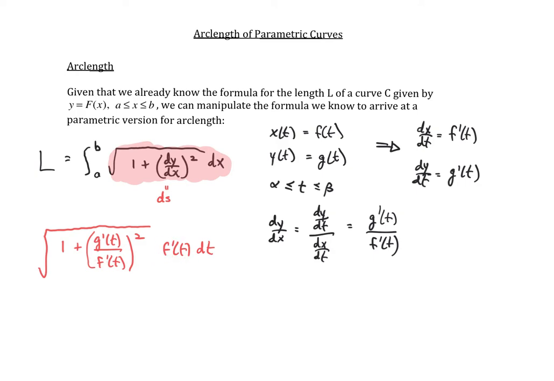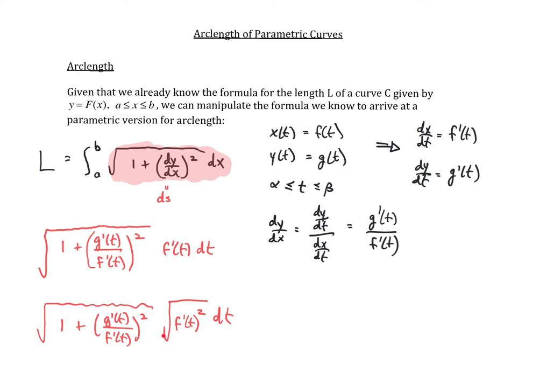So I'm going to have my square root of 1 plus g prime of t over f prime of t quantity squared. I'm going to have my f prime of t, I'm going to square that, and then I'm going to take the square root of that, and then my dt stays like this.